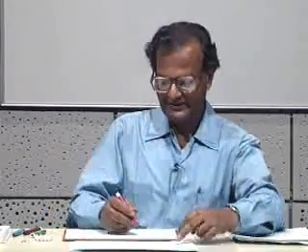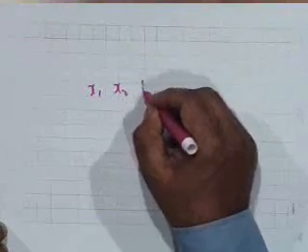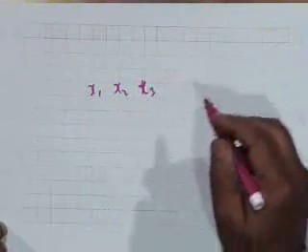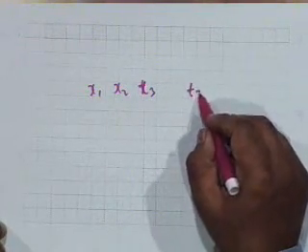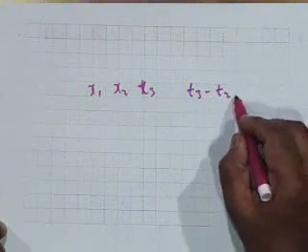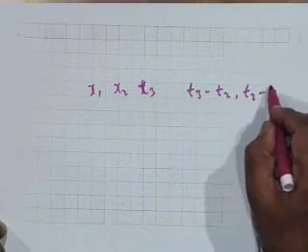Similarly, it can be extended to many more multi-valued probability density functions. You could have 3 random variables, you could have 4 and so on. If we have 3, x1, x2, x3, then it should depend on t3 minus t2 and t2 minus t1.